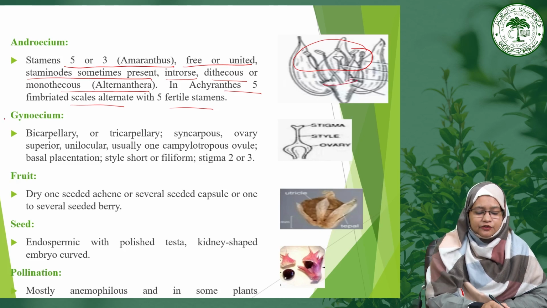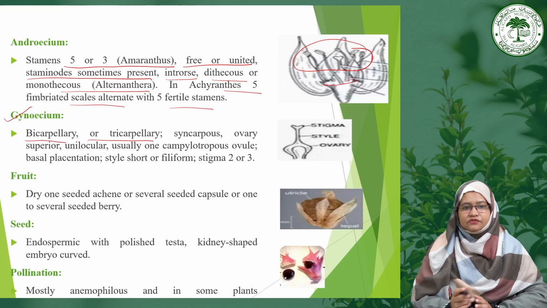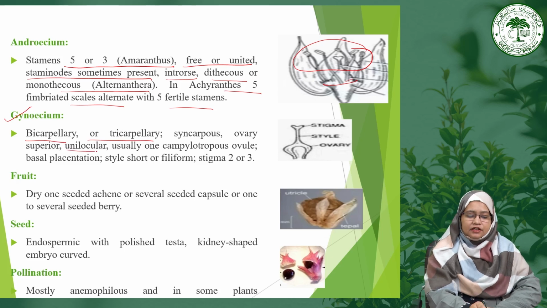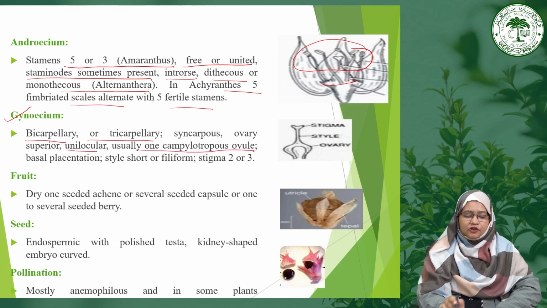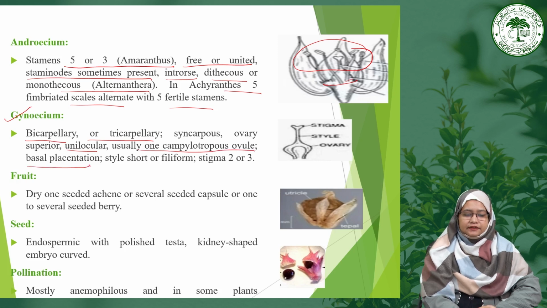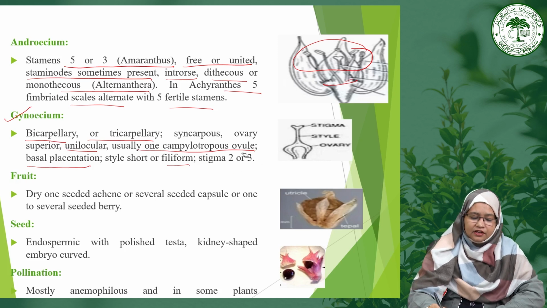And if you see the gynoecium, generally bicarpellary or sometimes tricarpellary, syncarpous, and made up of a superior ovary, unilocular, and usually one campylotropous ovule is present, with basal placentation. The style is very short or filiform, as you can see, and the stigma may be 2 or 3 depending upon the number of carpels in this particular group.